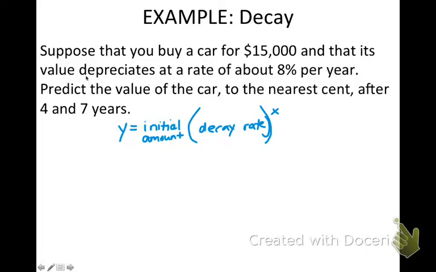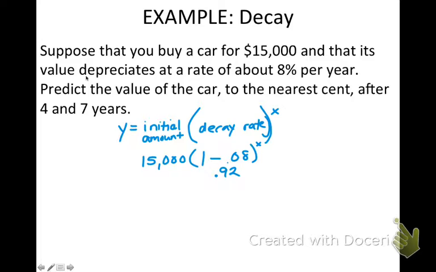So my initial amount for the car is $15,000 times, what would be the decay rate if it's decaying 8% per year? 0.92, right? Because you have to take 100% minus 8%, which would be 92%. If you can't think about that in your head, do 1 minus 0.08, which gets you 0.92 to the x power.